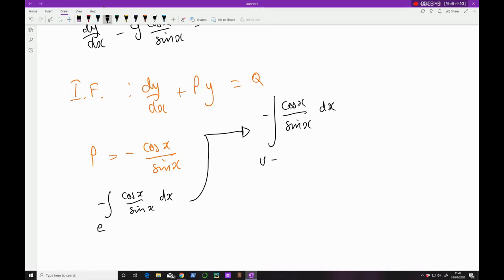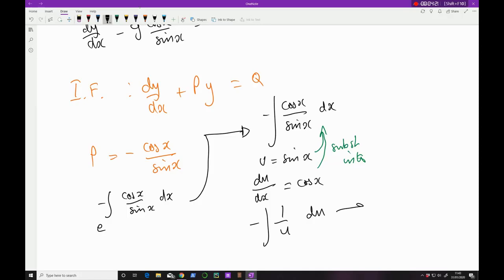I'll make u the substitution of sin x, so du/dx equals cos x, and then I substitute, so that I get 1 over u.